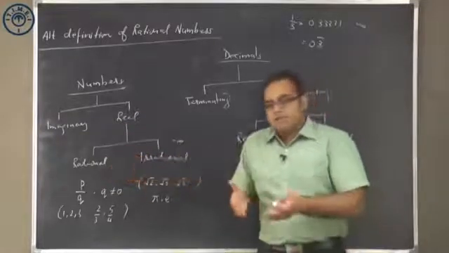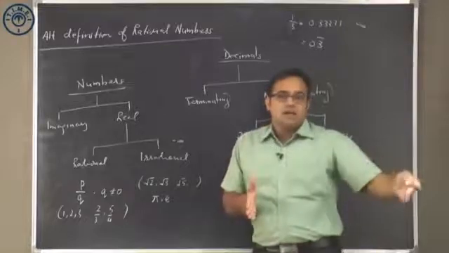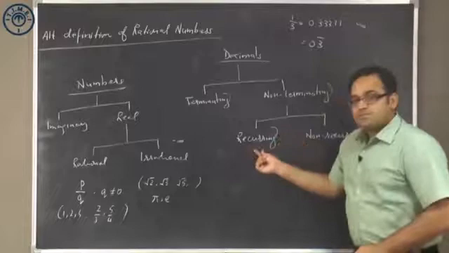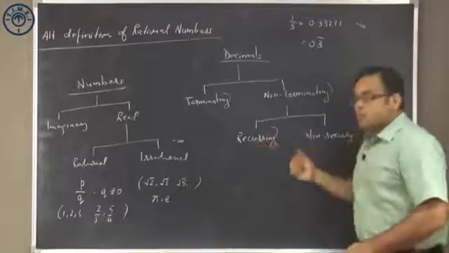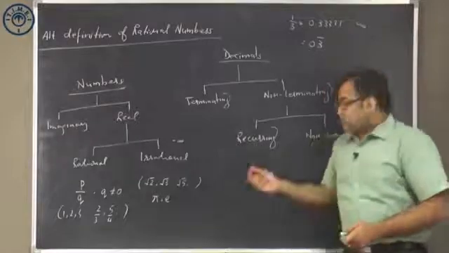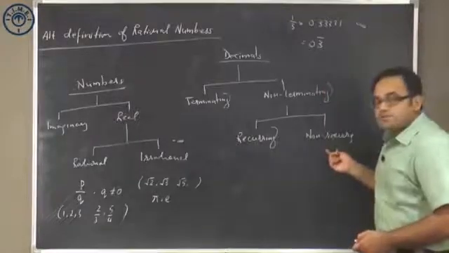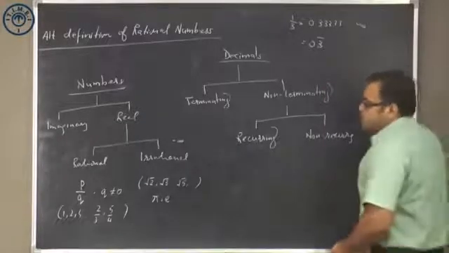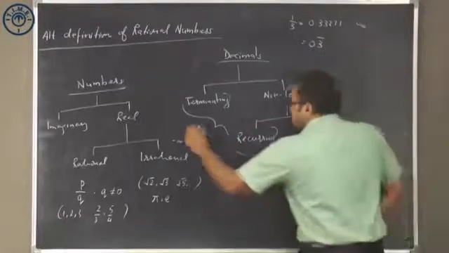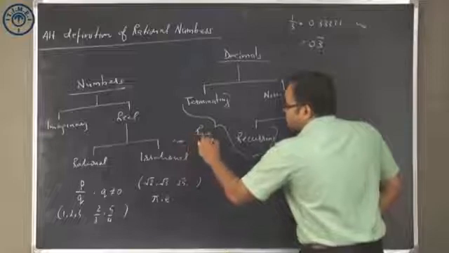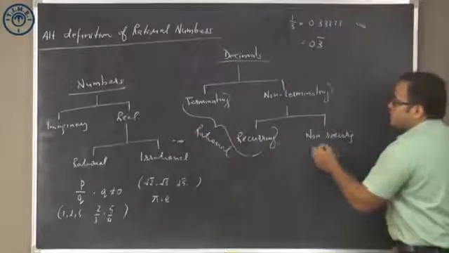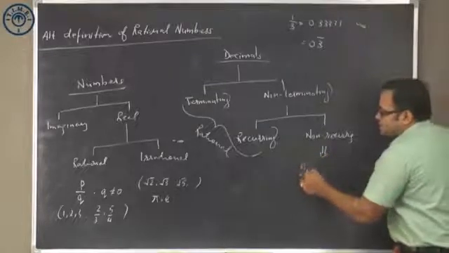A number in which a definite pattern keeps repeating over and over again, that is recurring. On the other hand, numbers in which there is no definite pattern in which the digits are appearing are non-recurring. And for the sake of classification, if a number is terminating or recurring, then it is called a rational number. On the other hand, if it is non-recurring, non-terminating, then it is an irrational number.